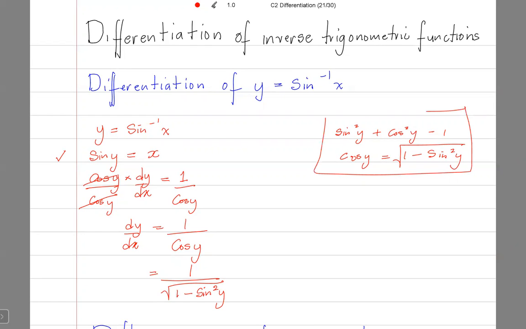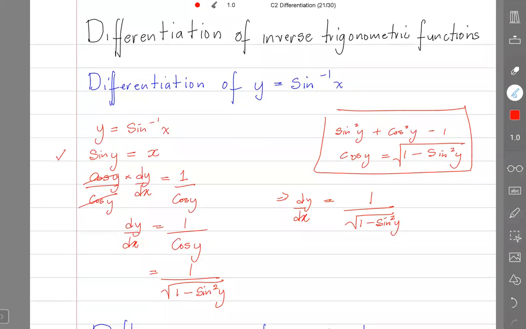Let's separate this out. So now we have dy by dx would be equal to 1 over the square root of 1 minus sine squared y, which is x squared.